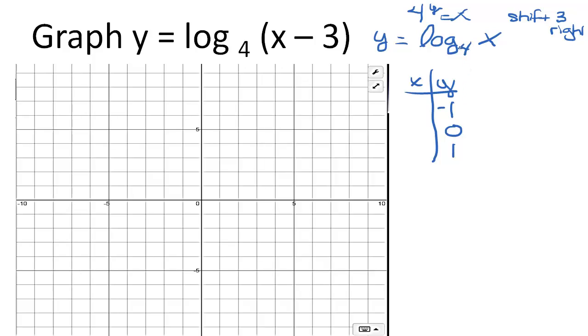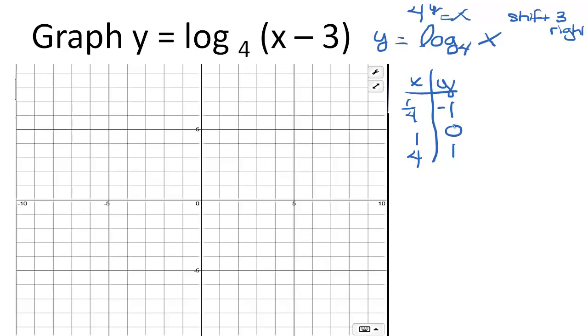When y is -1, 4 to the negative first power means drop to the denominator and you're at 1/4. 4 to the 0, anything to the 0 power is 1. And 4 to the first is plain old 4.